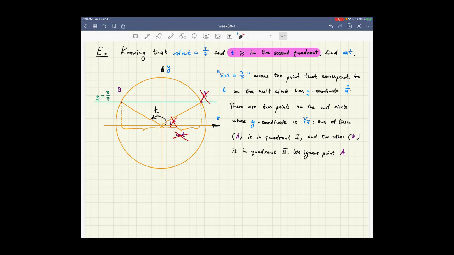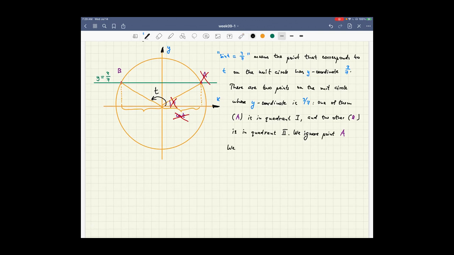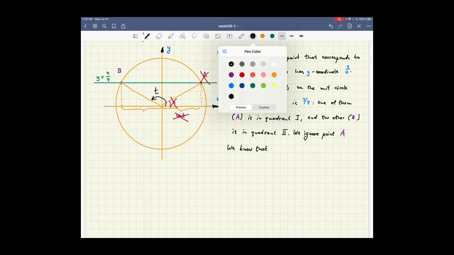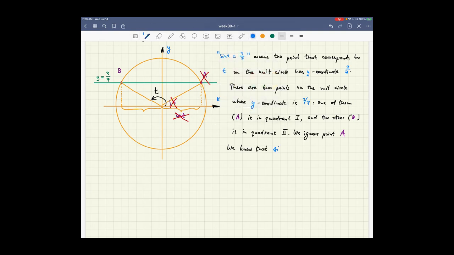So how do we find this cosine t? Well, we need to find this distance. We find it using the same identity that we just talked about, that sine t and cosine t have squares adding up to 1. So we know that sine squared t plus cosine squared t add up to 1.